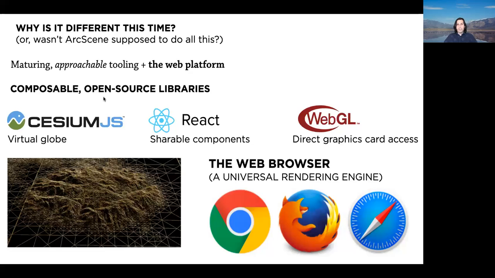So it's not like we're targeting just one software renderer that might get outdated and not be supported anymore, and only works on Windows or has to be compiled in a complex way. This is much more universal, and that was just not available to us for a long time. So I think there's a lot of opportunity to think about using the web stack, not only as something that makes things accessible, but also as something that increases the likelihood that your software will have longevity.